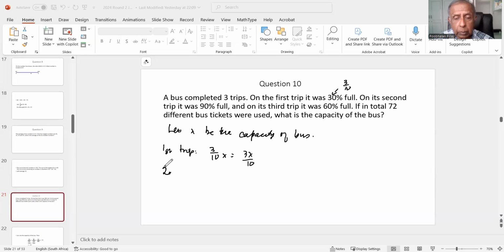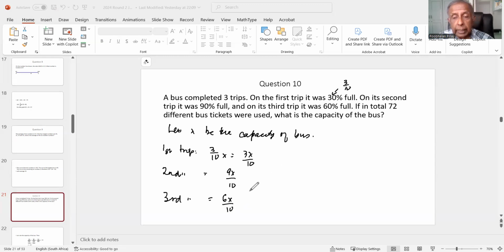Right. And likewise, for the second trip, the 90% gives 9x/10. And the third trip, it's 60%. So that's 6x/10.